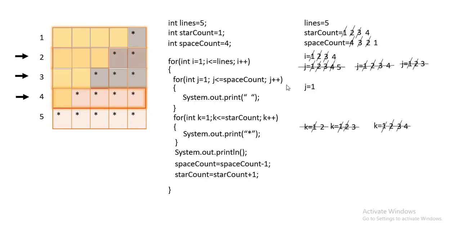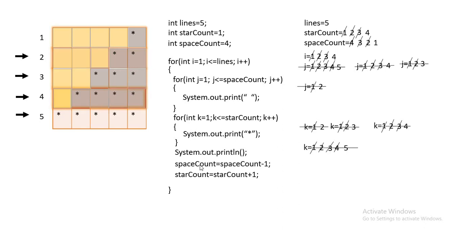Then j becomes 2, 2 not less than equal to 1, so end this for loop and come to this for loop. k equal to 1, k less than equal to star count, 1 less than equal to 4, print star. Similarly, print all the 3 stars on this line until k becomes 5. Then end this for loop and print a new line.